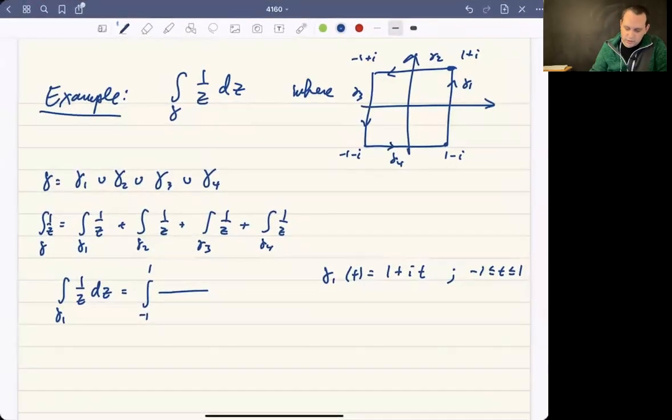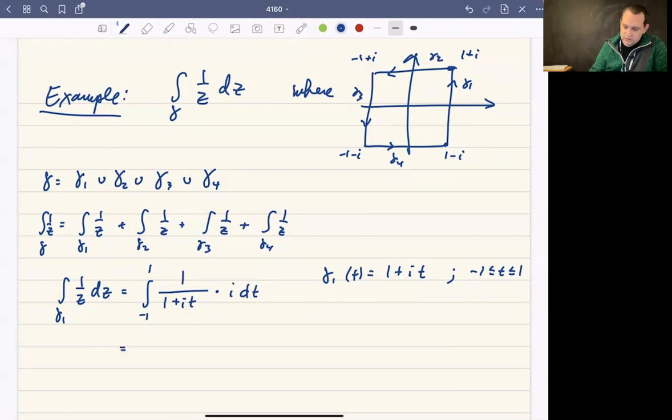So this is going to be 1 over 1 plus it times the derivative of gamma, which is just i. So it'll be 1 over 1 plus it times i dt. And so this is going to be a straightforward integral to evaluate now.